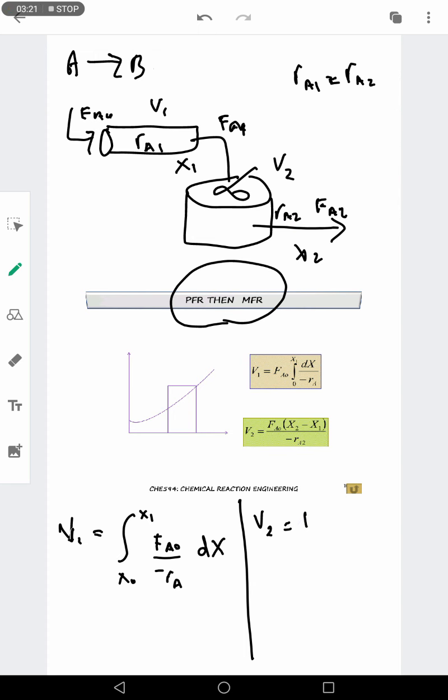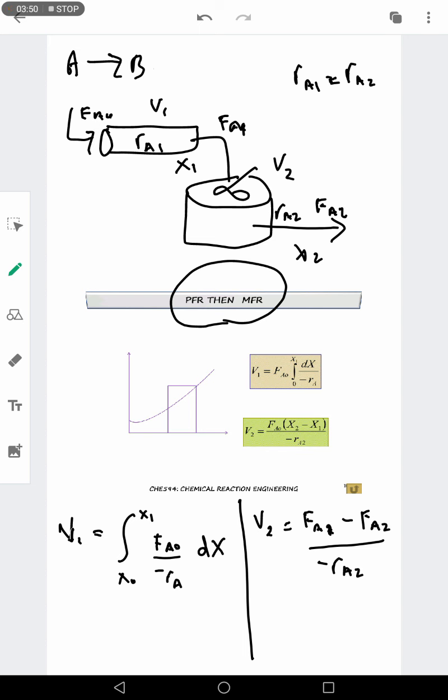Jadi design equation dia V2 equals FA2 minus FA1 over negative RA2.